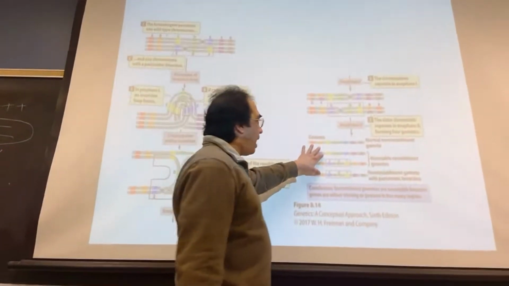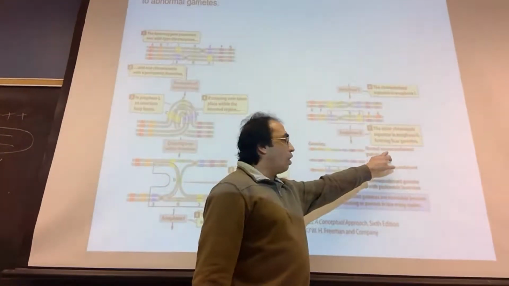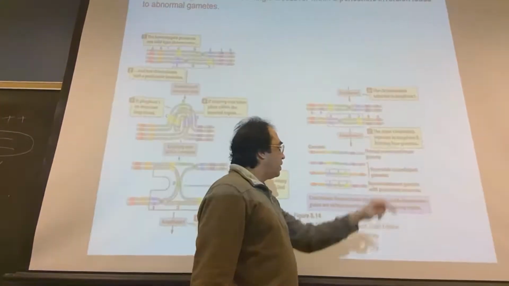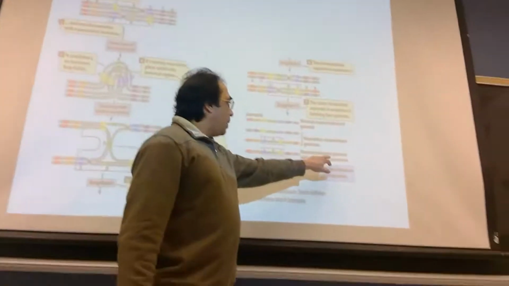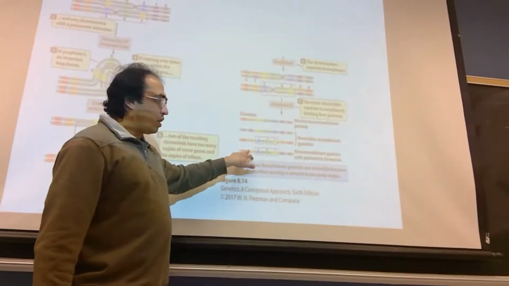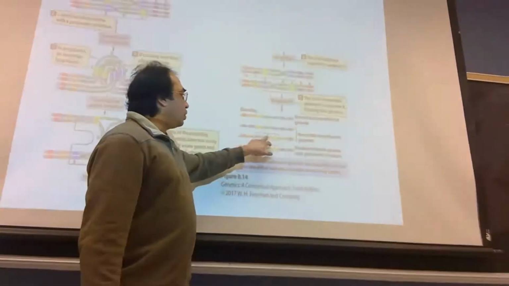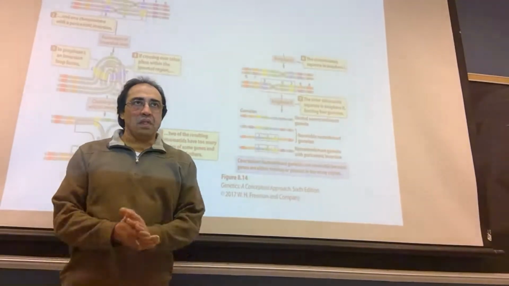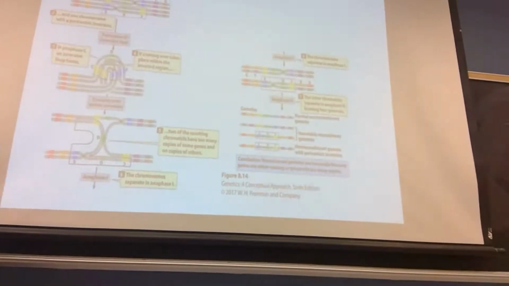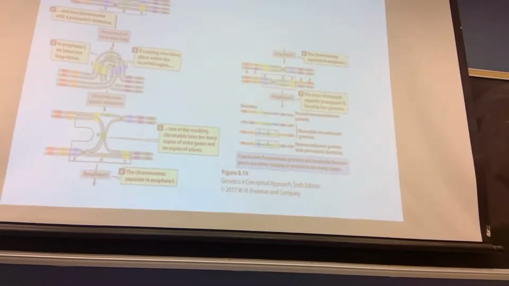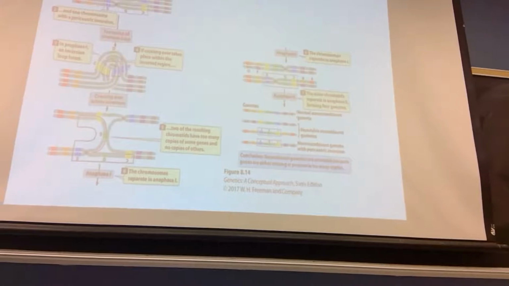So we will have a normal non-recombinant gamete, one type, a non-recombinant gamete with pericentric inversion, one, and recombinant gametes, and those are non-viable. Okay, but we will not find any kind of dicentric bridge in this case.